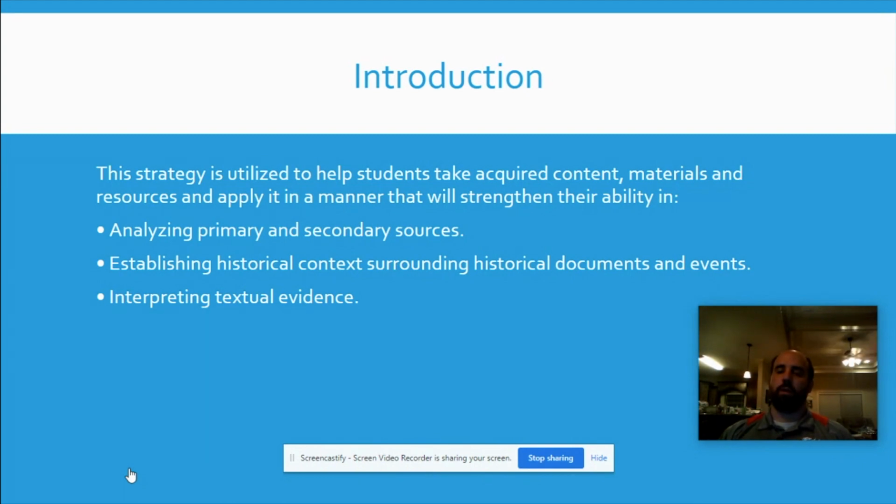But also allowing us to look at the context with which these documents were created and the impact of the documents, and then interpreting that textual evidence and the evidence that those documents provide us.